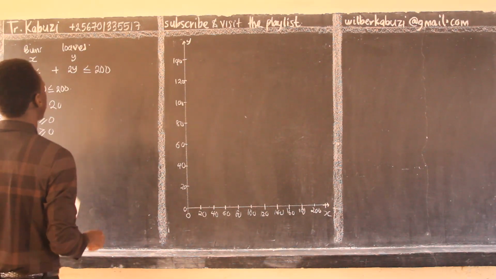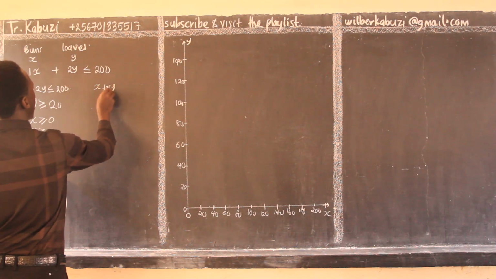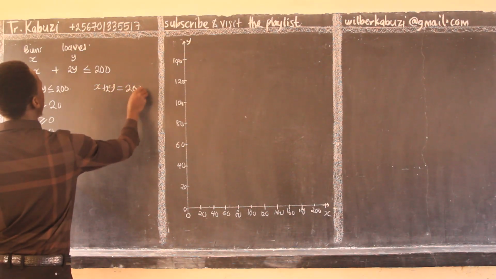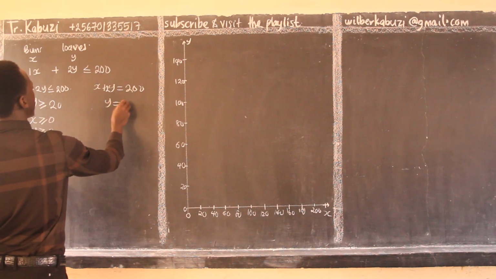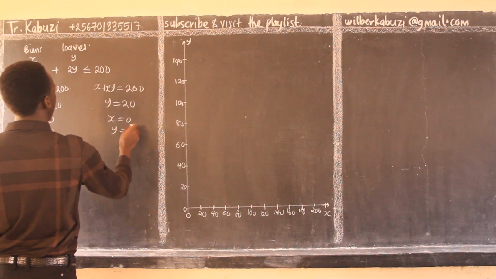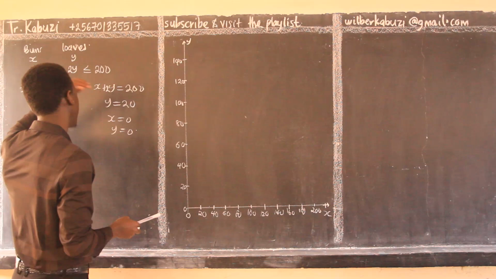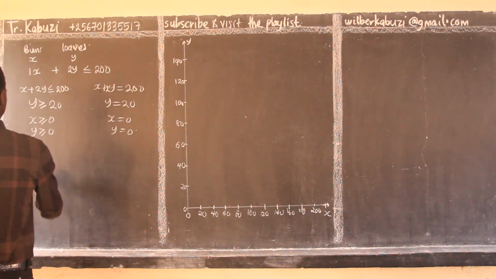The boundary line is X plus 2Y equals 200, then Y equals 20, X equals 0, and Y equals 0. These are easy to sketch, but we just want to get intercepts.